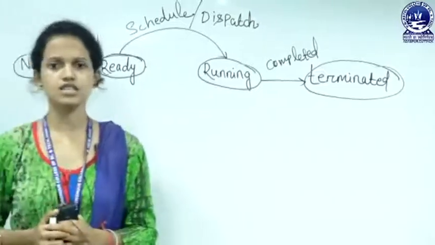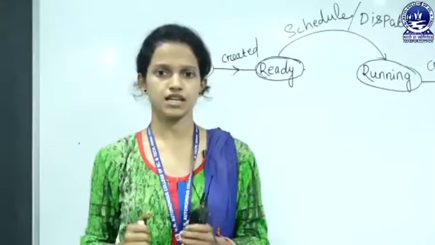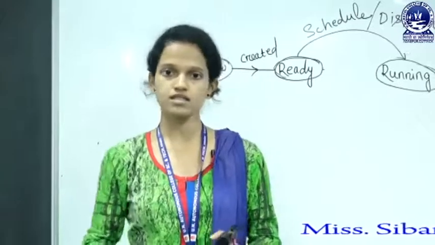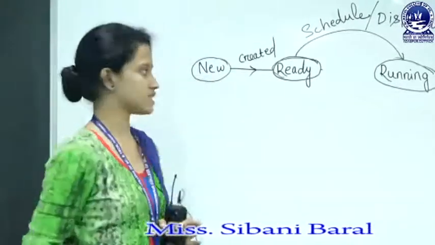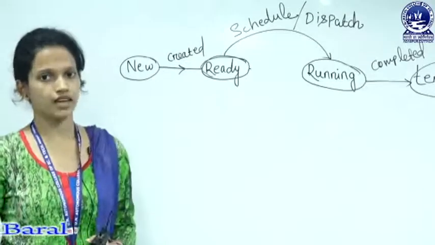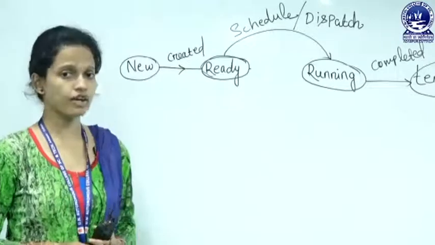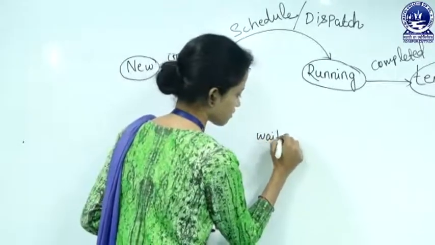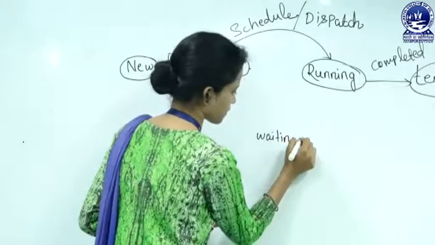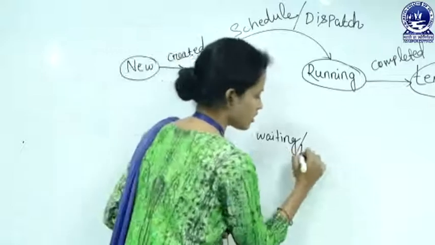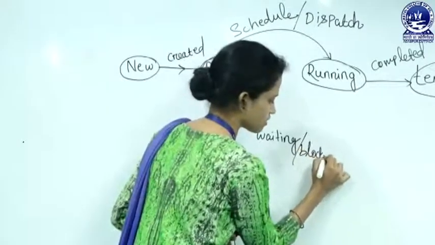If someone asks you what are the minimum states a process can go through, you can say 4 minimum states. Besides this, there is one more state, which we call the waiting state, or somewhere it is written as blocked state.